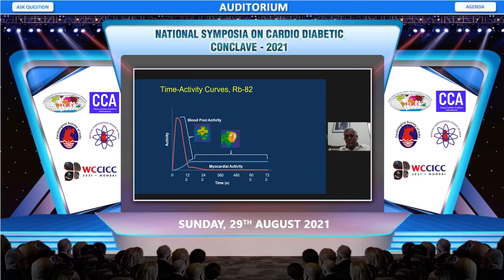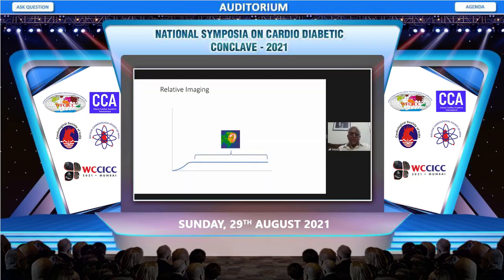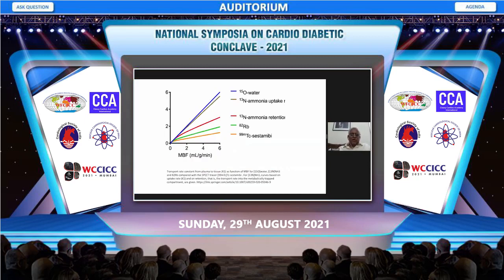That requires special technology and special effort, which is very much available. Software is there on all the good PET cameras, and it can be easily used. So just to make it clear, the standard SPECT is late imaging, and the CFR is the early part of the imaging.